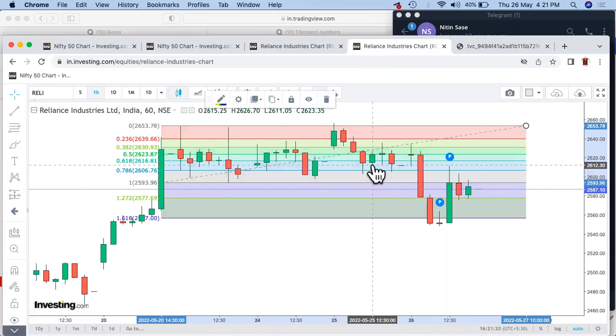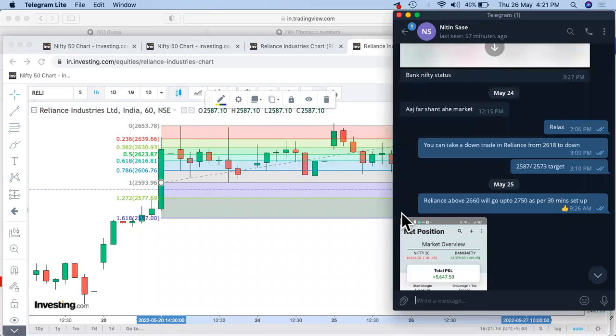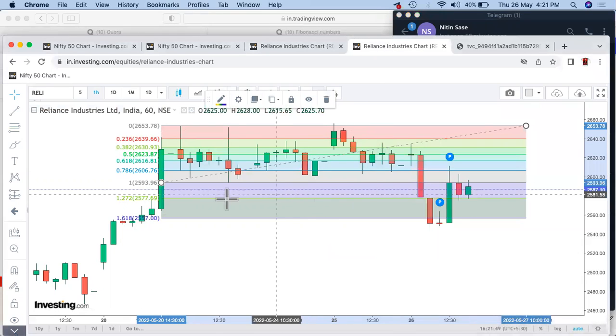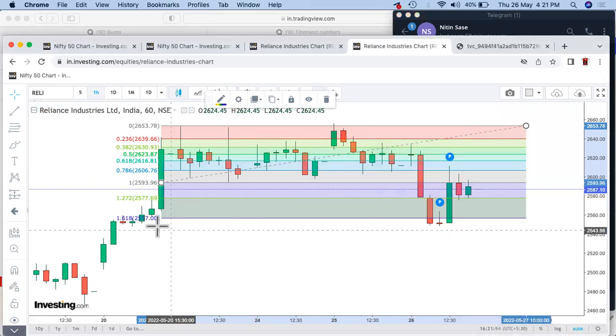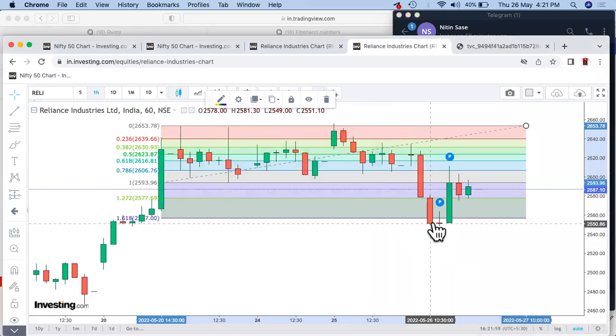When it came down, we did hold on with the stock because RSI and MACD were also coming down. We have taken a small downtrend in Reliance from 2618 down. The targets were 2587, 2573. 2573, 2587 was the 1.272 target, but it went below that. It went down to 2557, right? So that was today's trade. When it came down, we trailed our stop loss. After this candle, when it was coming down, we trailed it and we were out of the trade.